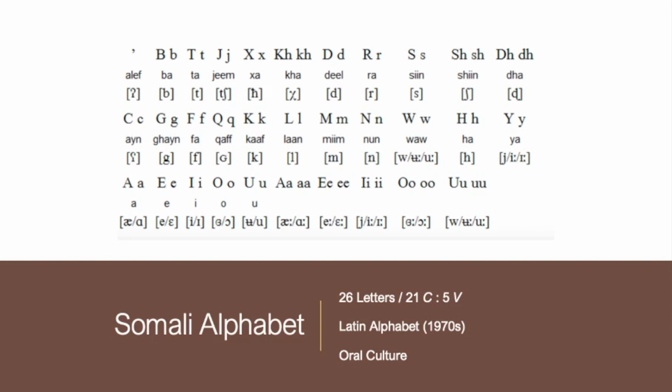And there was a linguist who used that Latin alphabet system, as you can see, to develop a Somali alphabet system. His proposal won, and it was made official, and Somali was made the official language of the country.